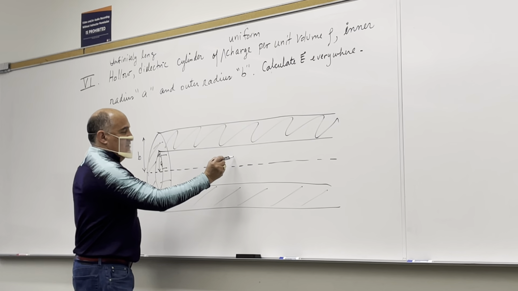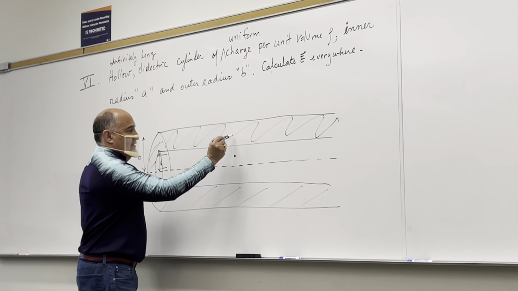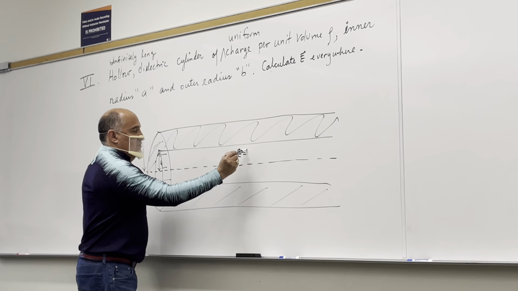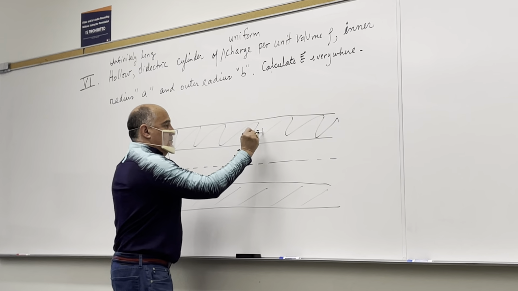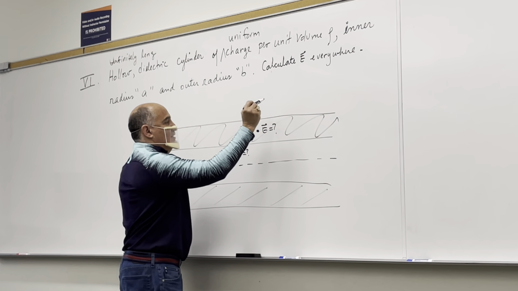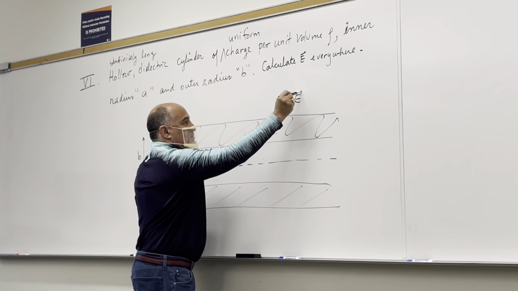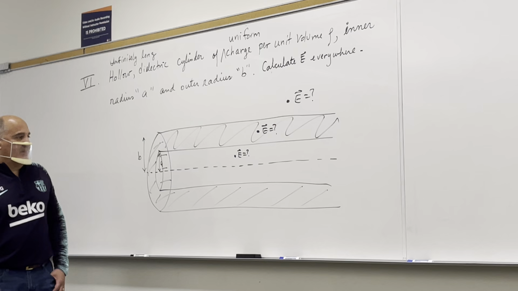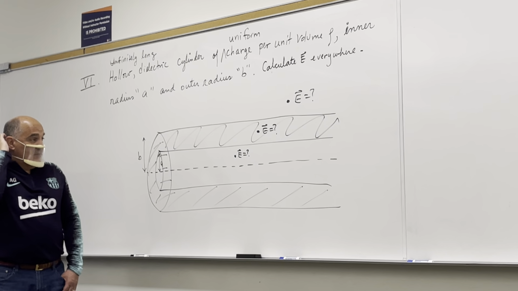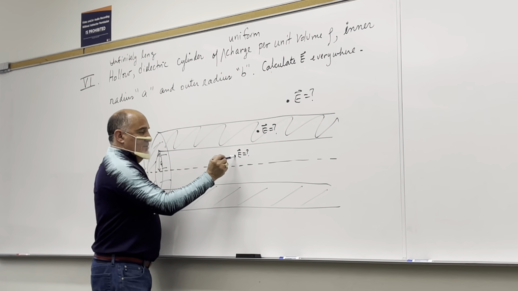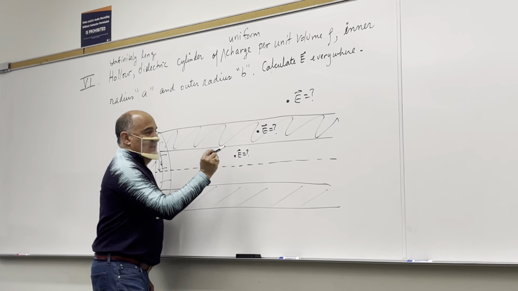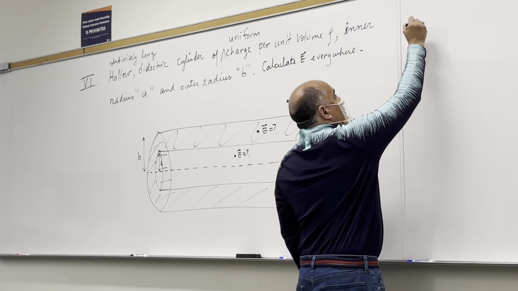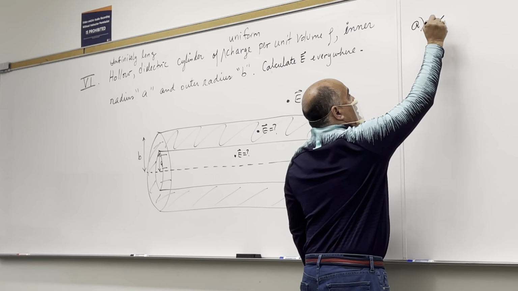So for example here, what's the electric field there? And what's the electric field here? And what's the electric field here? There are 3 places that I'm interested in. So the first one, this one, that's going to be for r less than a, right?